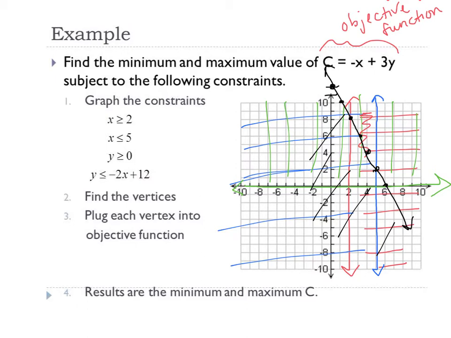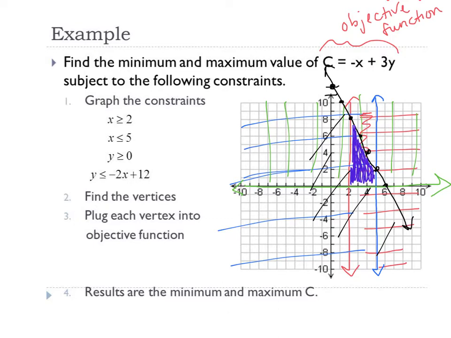And my overlapping region is this kind of trapezoidal area right in here. That is my overlapping region. So number one, graph the constraints.